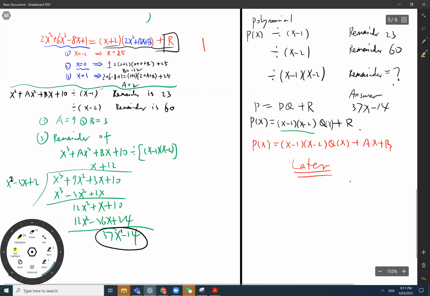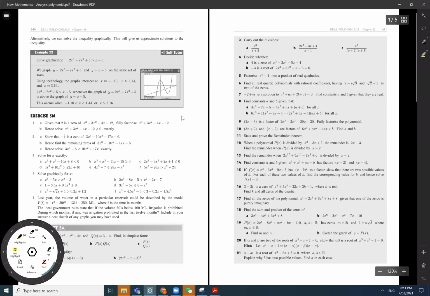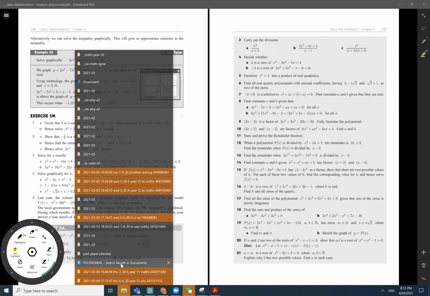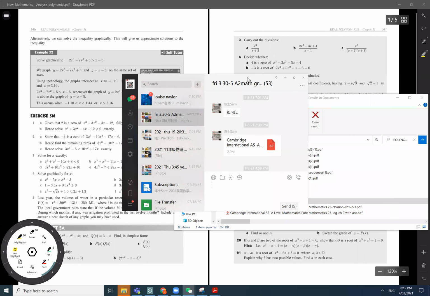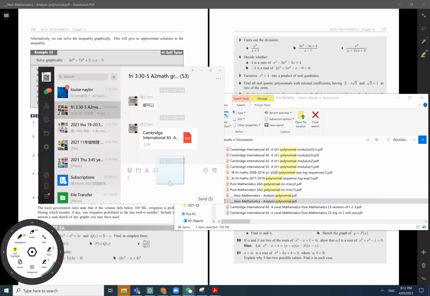Let's check some IB questions from the IB textbook. Okay. Yeah, this document. That's from the IB book. Oh, not this one. Here.